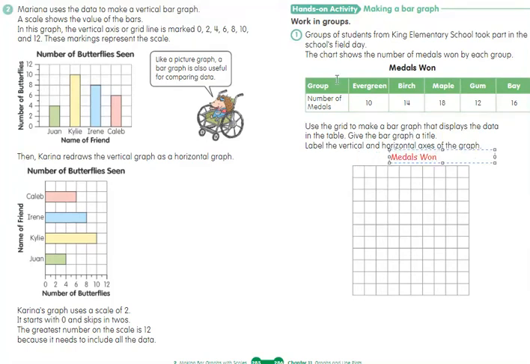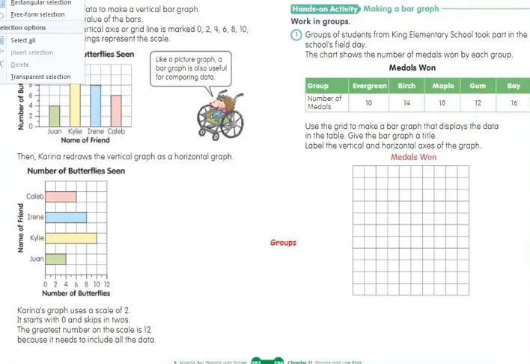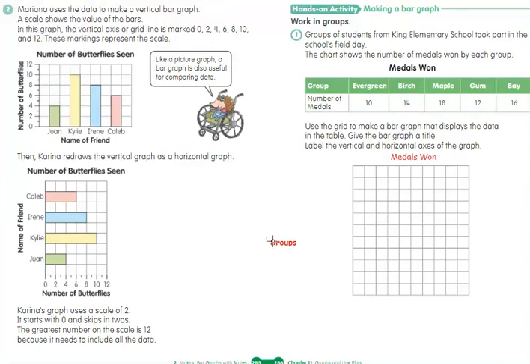Now I need to figure out, am I going to put the groups horizontal or vertical? And am I going to put the number of medals on the vertical side or the horizontal side? I think I'm going to put the groups on the vertical side. Like I said, just bear with me as I try to rotate this.